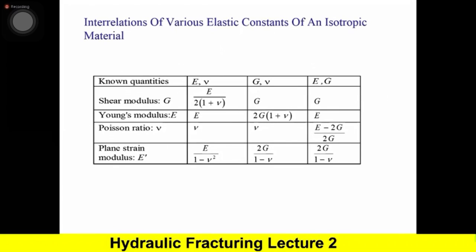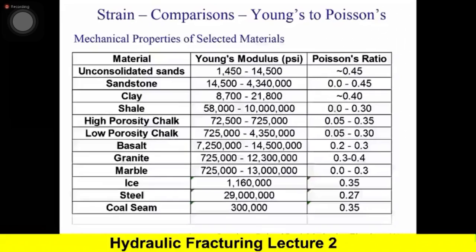So here is the relationship between one and the other in this table. That's assuming isotropic material. Looking at the values, Young's modulus for granite can be 10 million, and this is all in psi.